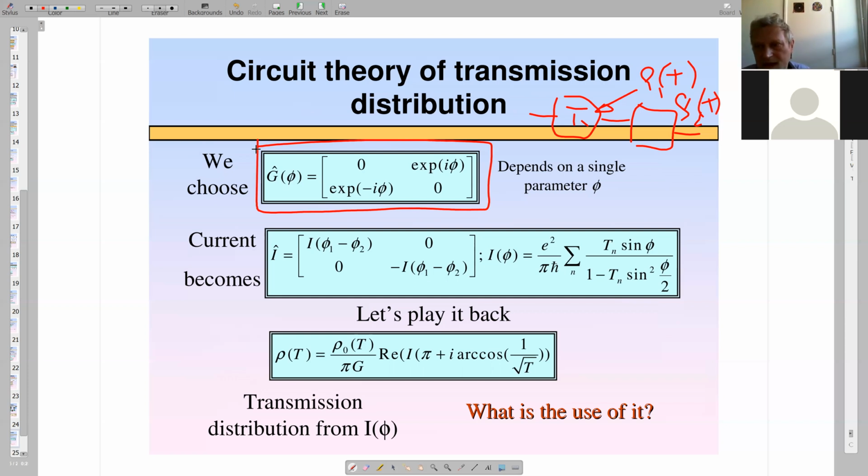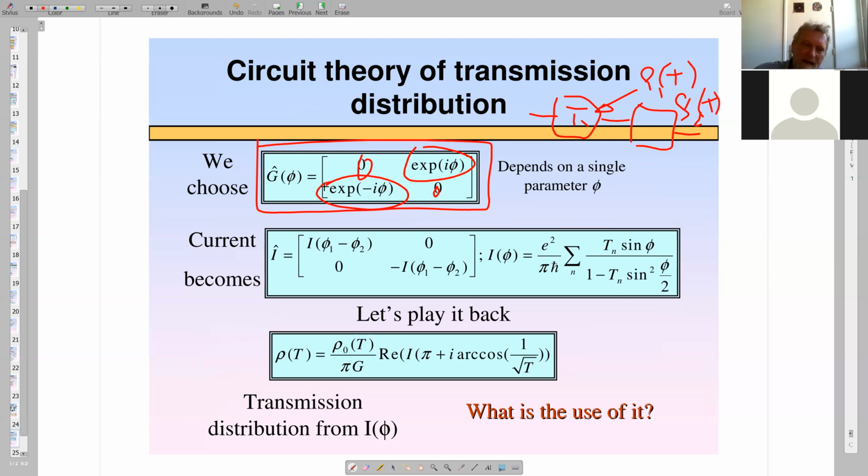The simplest matrix is a 2 by 2 matrix, and we would like to find a matrix which is traceless, so I just put zeros on the diagonal to make sure that it is. And the non-diagonal matrix elements are these. One can do multiplication and show that the square of this matrix is 1.